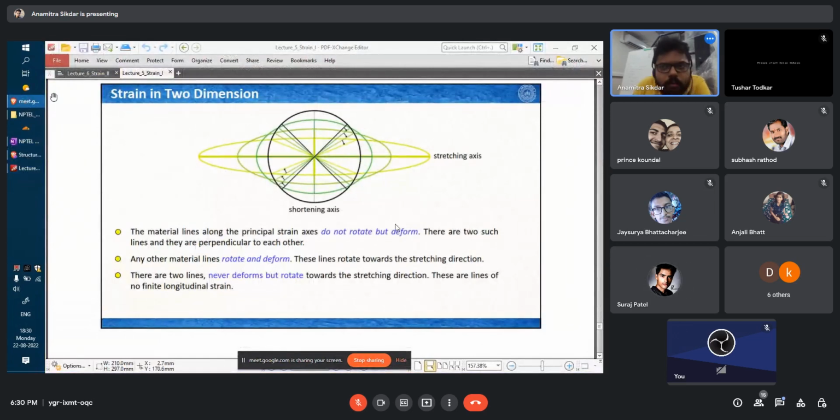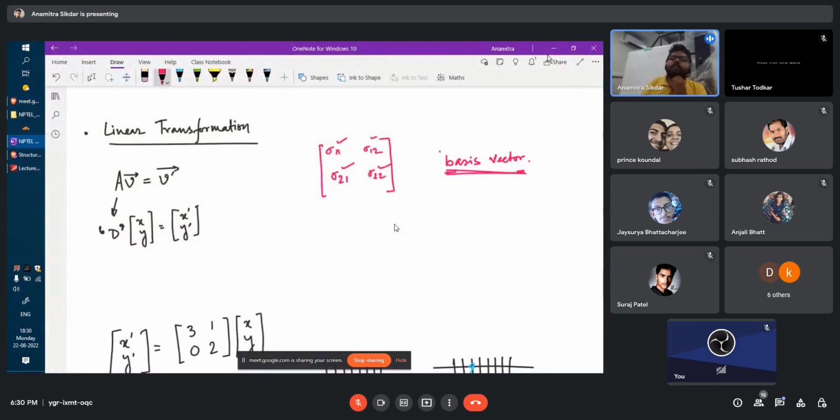Yes, sir. We know vector. So we know what is basis vector, right? Basis vector is basically the unit vector. Sir, i cap, j cap, k cap. Yeah, those are exactly the basis vectors, right? Basis vector is the vector that you need to represent a space. Suppose you have a 2D space, so you need two basis vectors, one is i hat and the other is j hat, right?